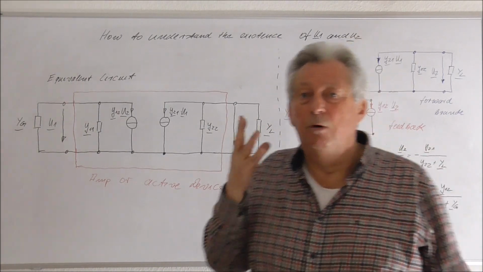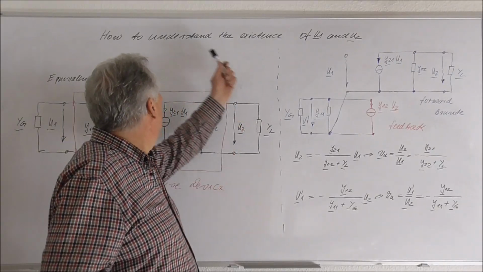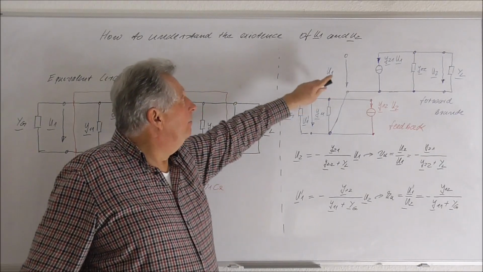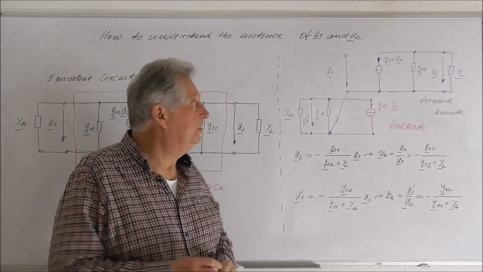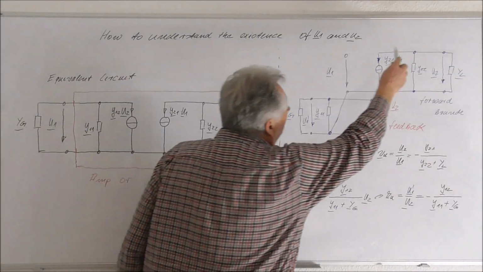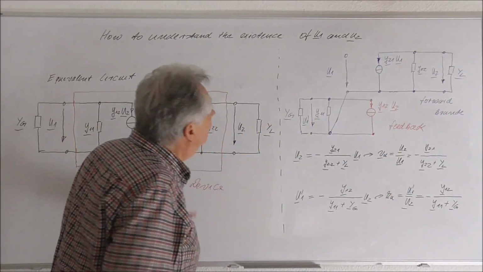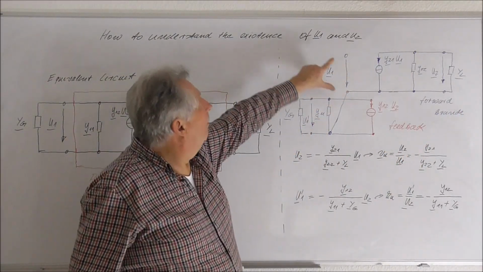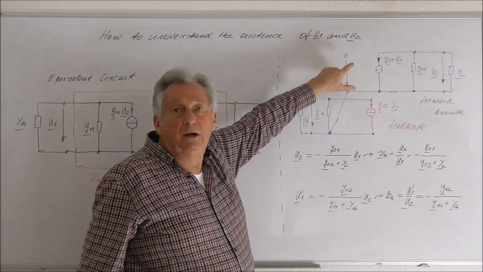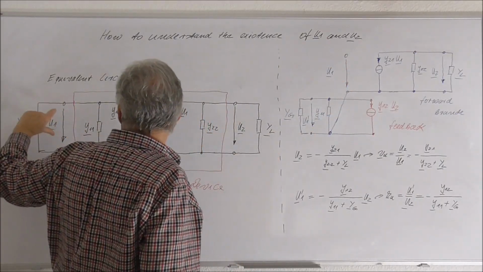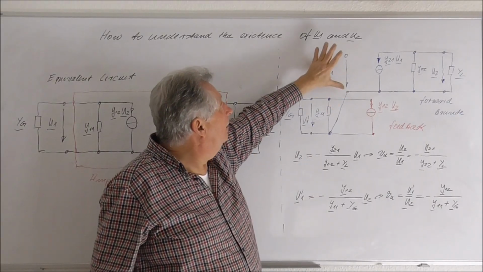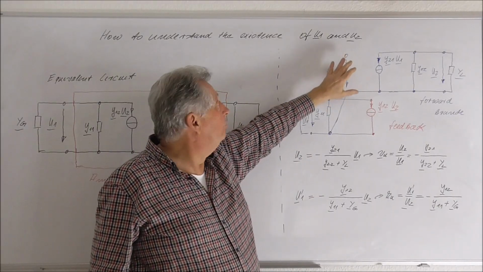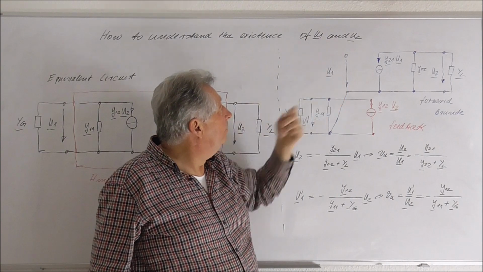To discuss this point, I split up our amplifier or our active device into two parts. I call this part the so-called forward part, which consists of the voltage U1 at the input. This is this voltage here, but I assume that I use in principle a voltage source to generate this voltage.